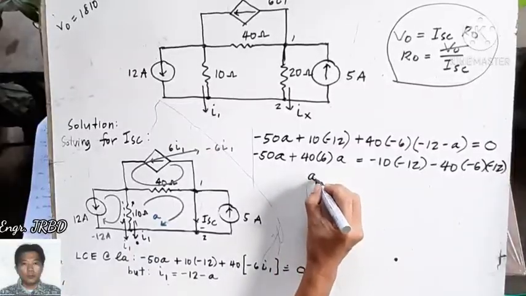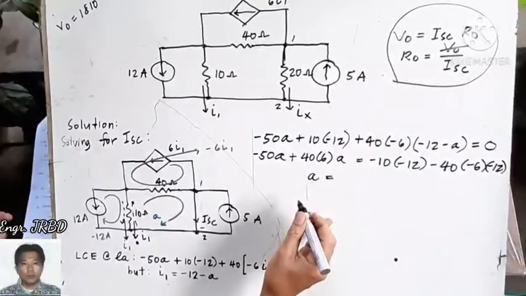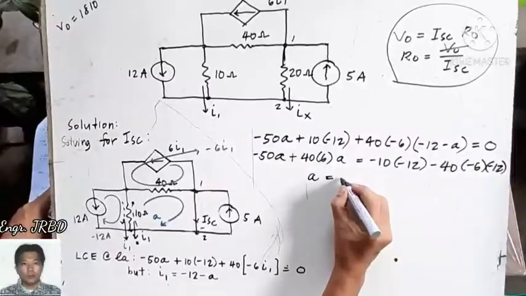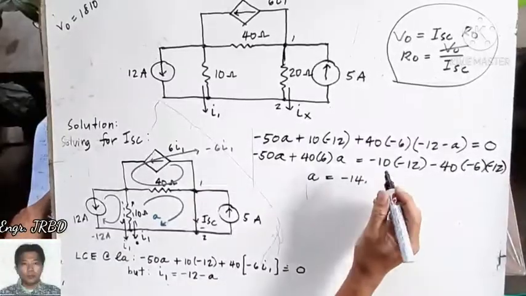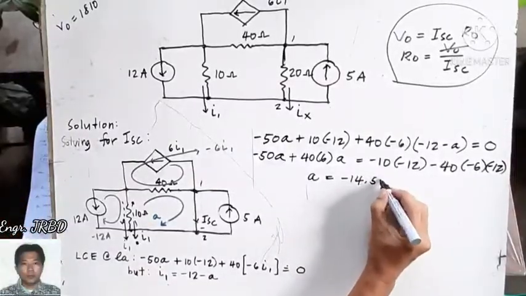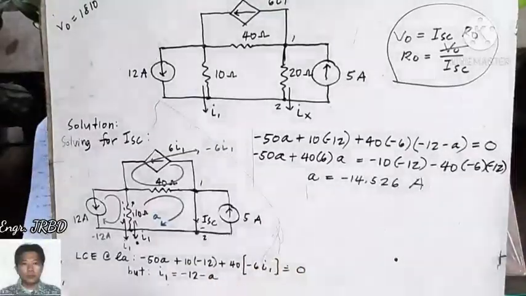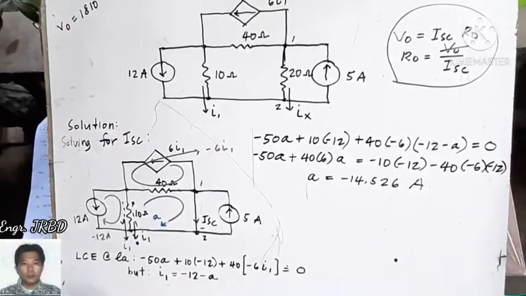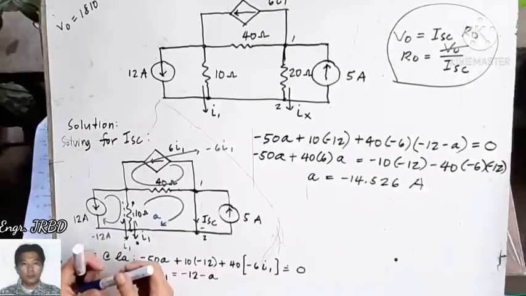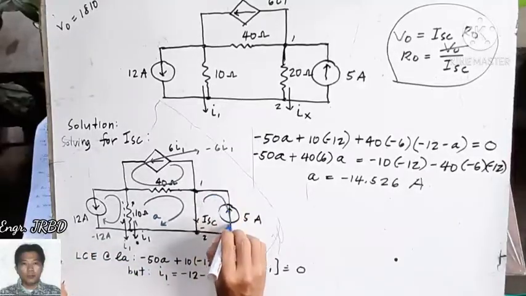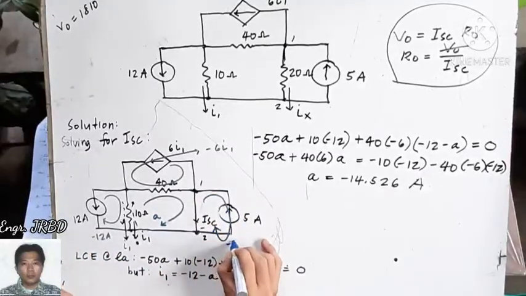And solving now for A, the value of A is negative 14.526 amperes. Okay? Knowing now the value of A, we can easily obtain your short circuit current. Simply, the circulating current in this part is negative 5. Correct?